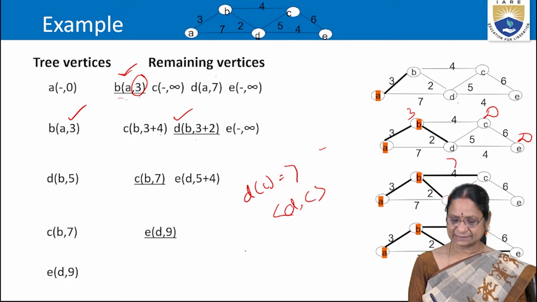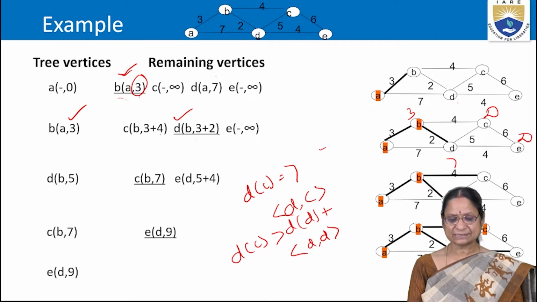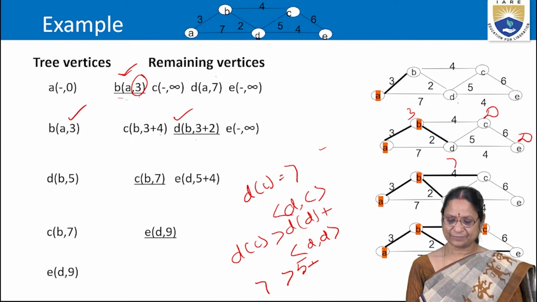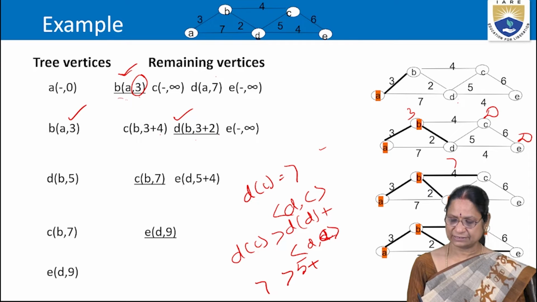So I can estimate if the distance of C already estimated is greater than the distance of D plus the edge weight DC. This is the relaxation. What is D of C estimated already? 7. 7 is greater than, distance of D is 5, plus the distance D to C. So DC is 5.